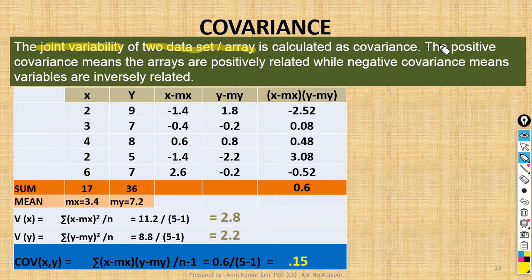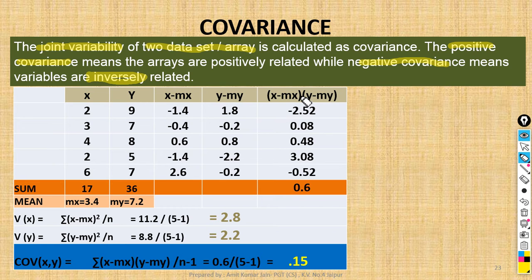There are two types of covariance: positive covariance and negative covariance. Positive covariance means the arrays are positively related to each other, while negative covariance means the variables are inversely related. That means if one increases, the other will decrease.